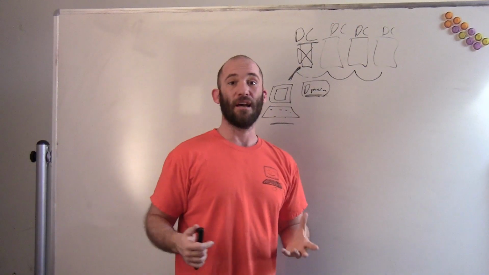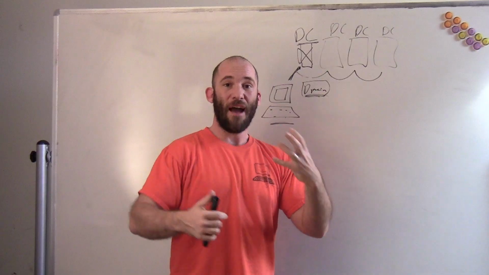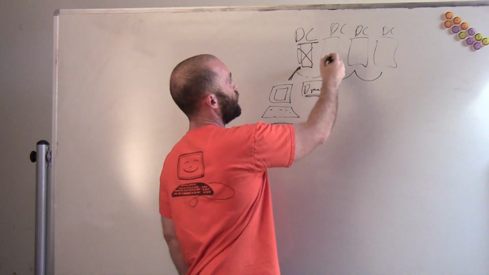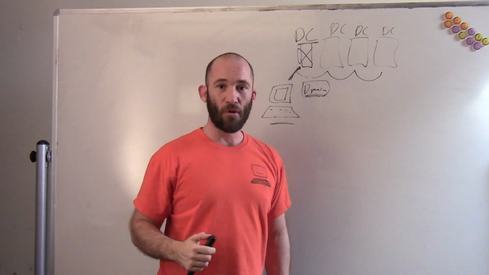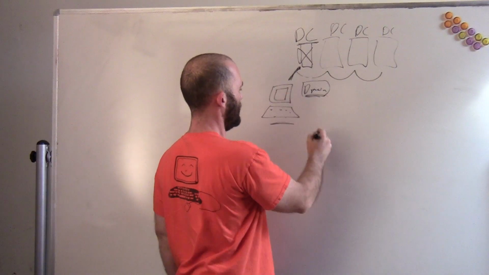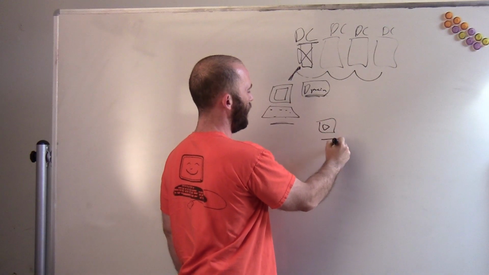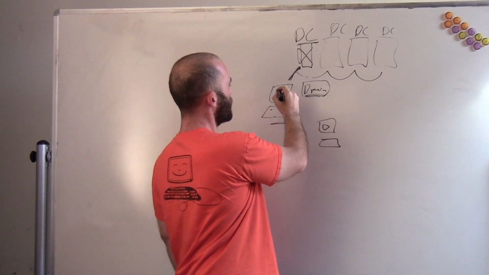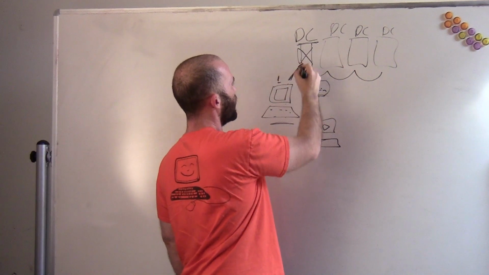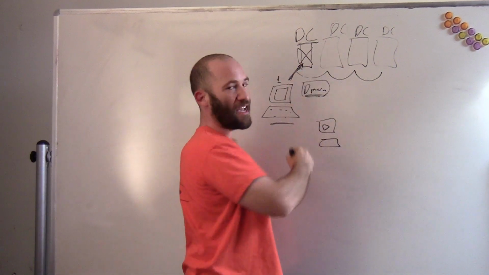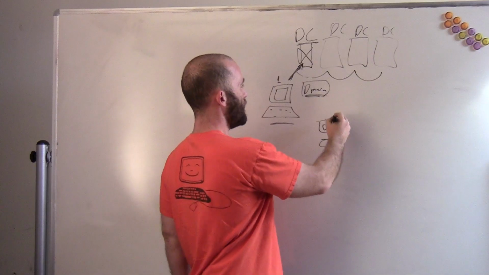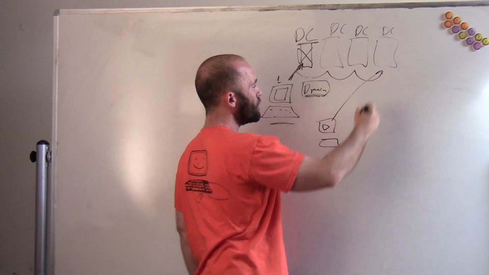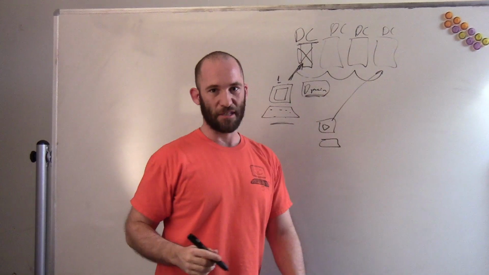Now, one of the issues that's going to come up is what you have to be thinking about. Okay, so if we've got 4 domain controllers here, what happens if we have all these users, and user 1 connects to the first domain controller and changes his password, and user 2 connects to the 4th domain controller and changes his password?